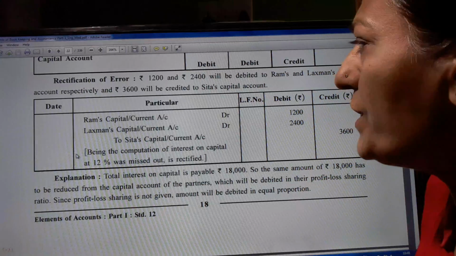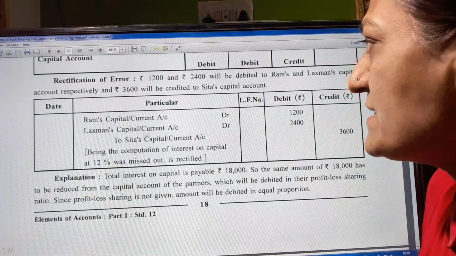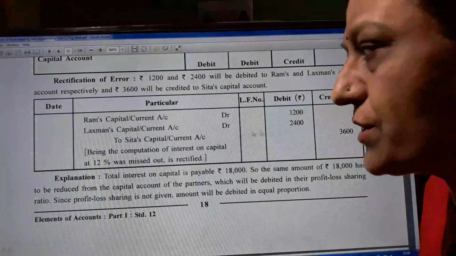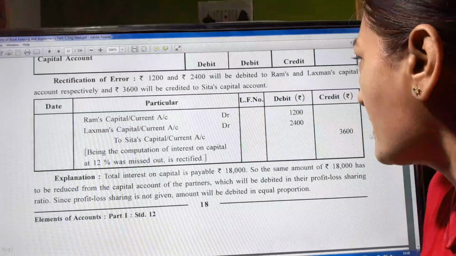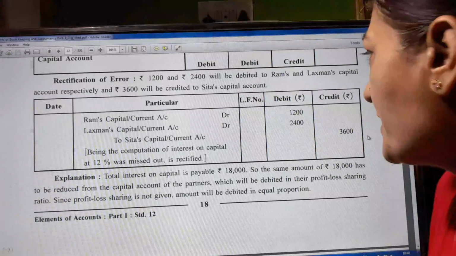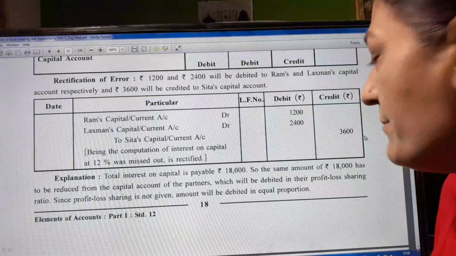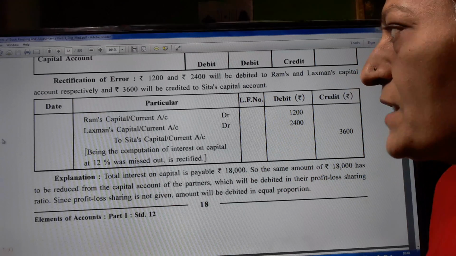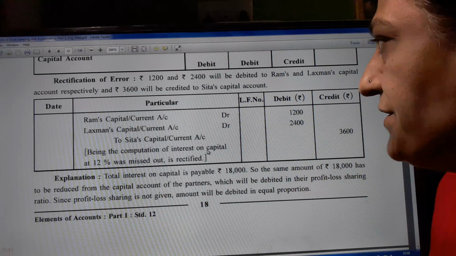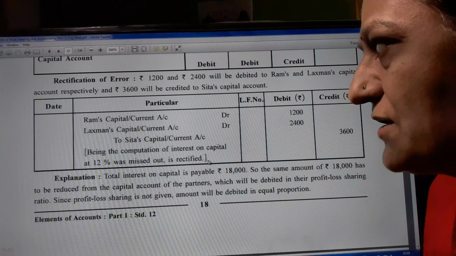Now here Ram's capital account debit 1,200, Lakshman's capital account debit 2,400, to Sita's capital or current account 3,600. 1,200 plus 2,400 means 3,600. Being the computation of interest on capital at 12% that was missed out, is rectified.